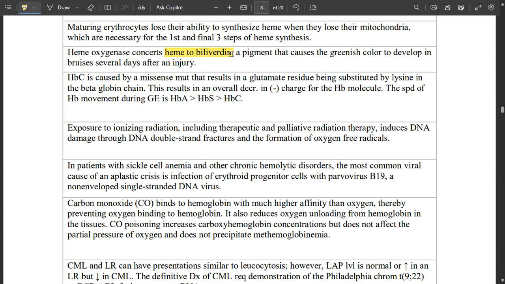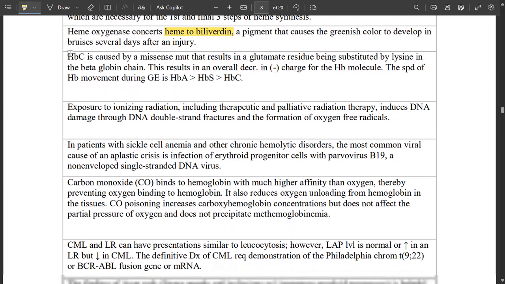So if there is a contusion in the body, the RBCs first disrupt and release hemoglobin. The heme component is then converted to biliverdin via heme oxygenase, which gives a greenish hue to the bruise.